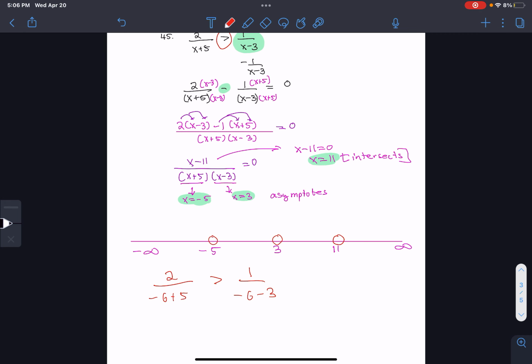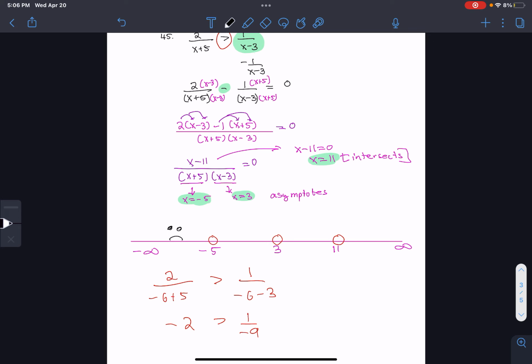So we're going to have -2, and then on this side, we're going to have 1 over -9. Is -2 greater than -1/9? The answer to that is no. Because would you rather be down $2 or down -1/9 of a dollar? So that's why this region fails, because -2 is not greater.